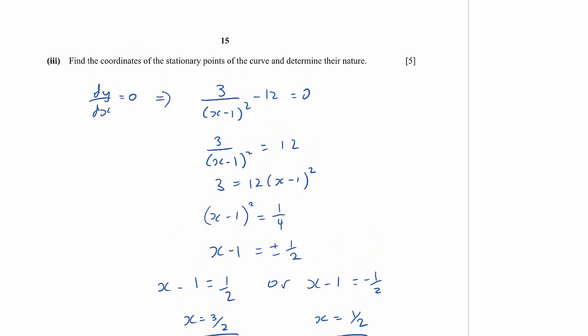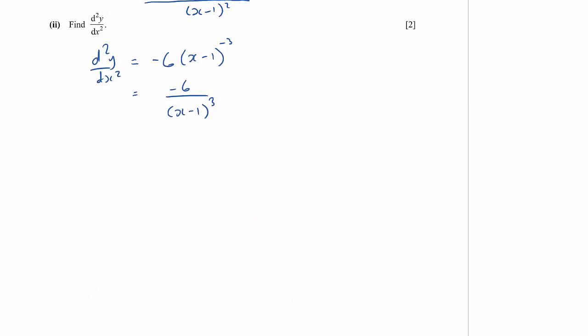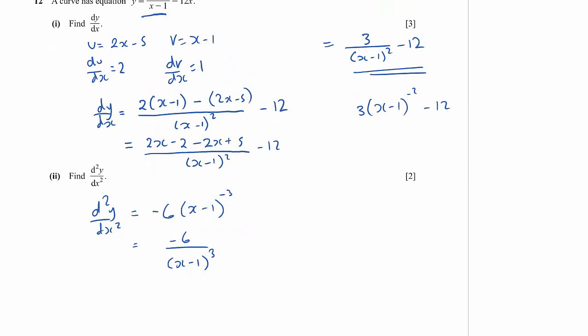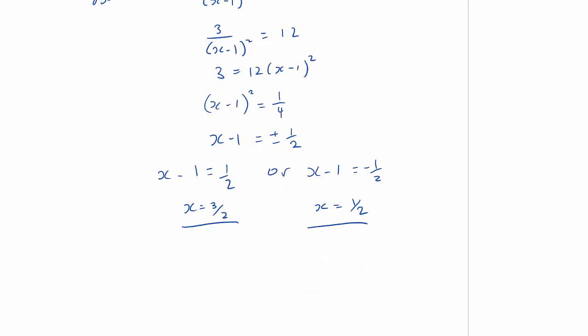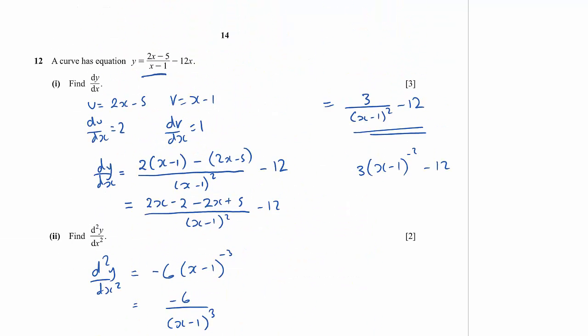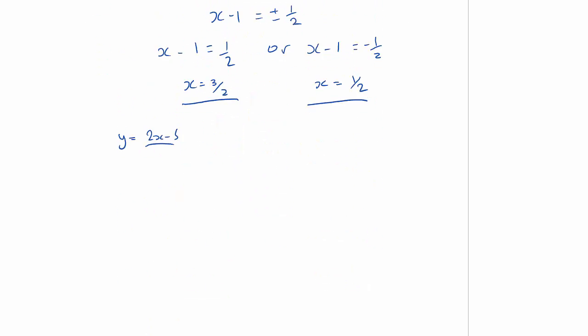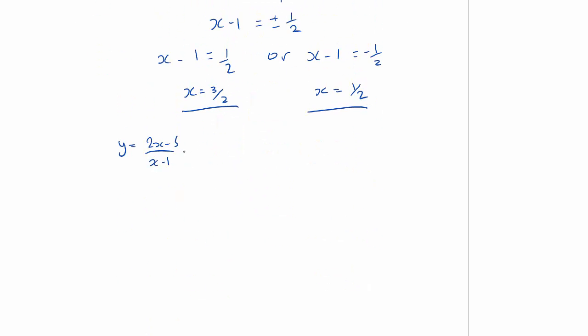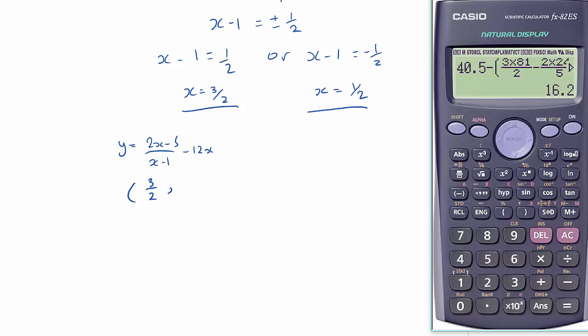Now we wanted coordinates, so y is (2x minus 5) over (x minus 1), take away 12x. So we're going to get 3 over 2, and I'm just going to do it on the calculator.